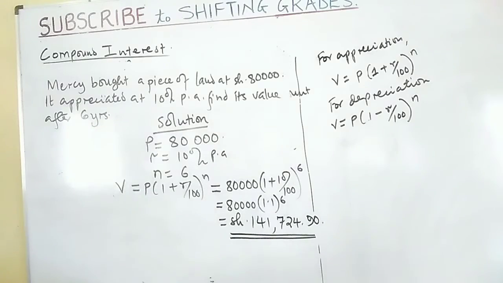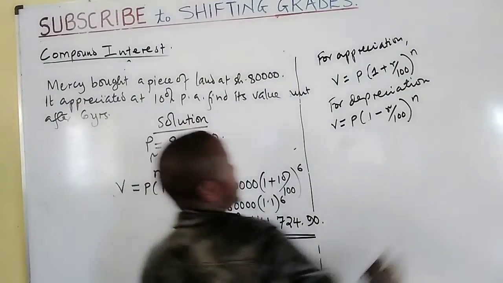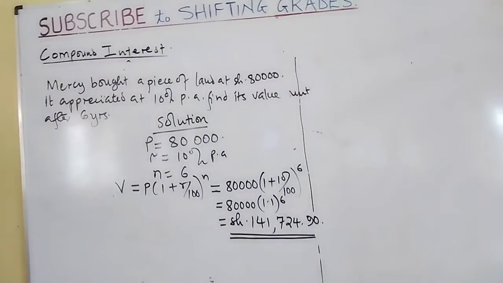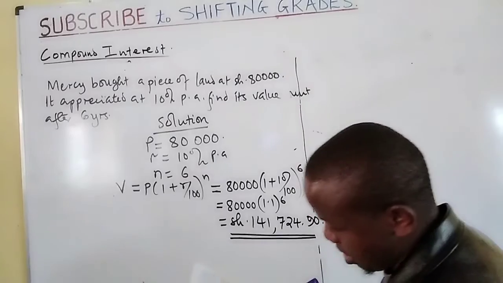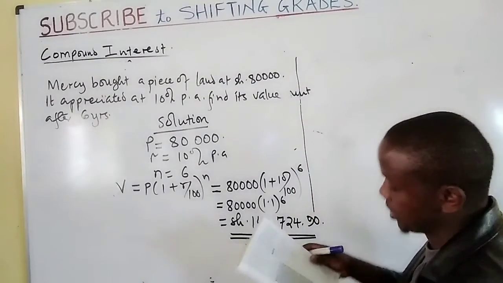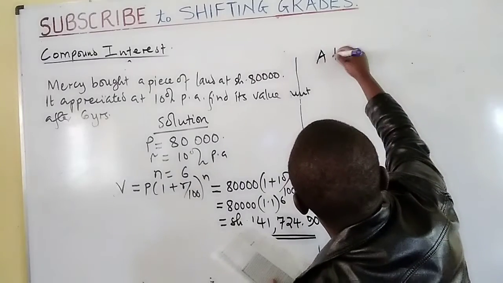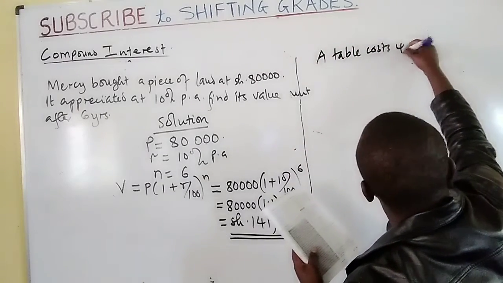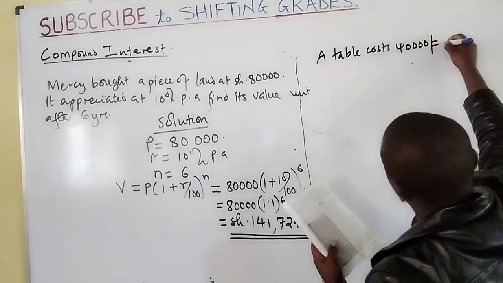Let me just give one example to finish up the lesson. A dining table, just call it a table, costs 40,000 shillings.